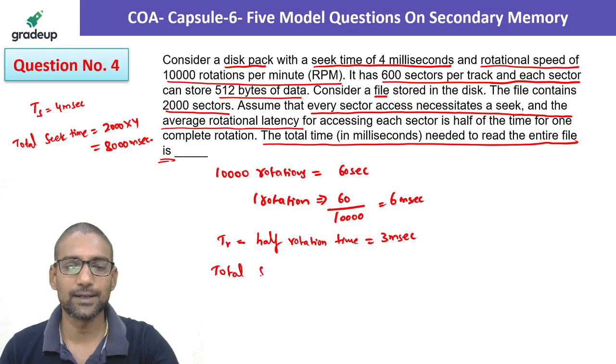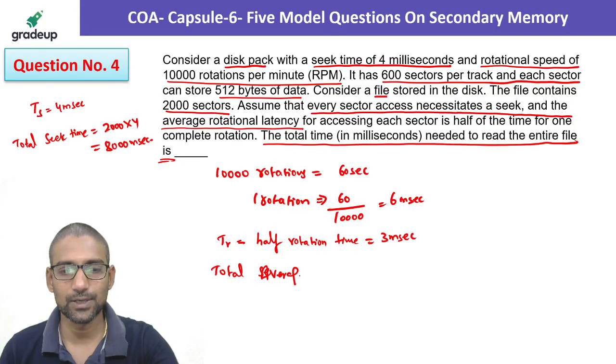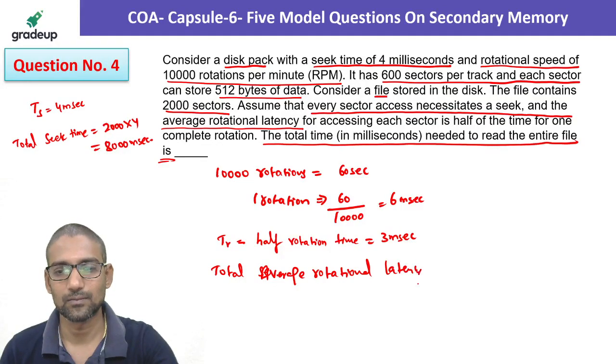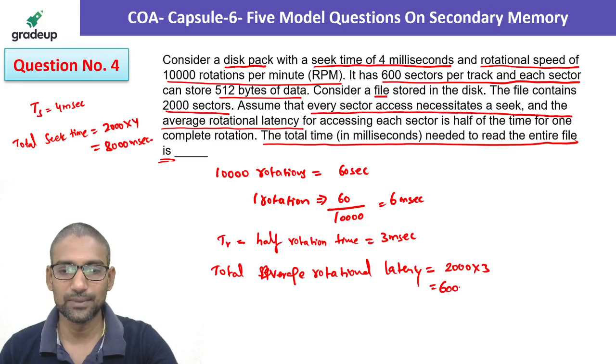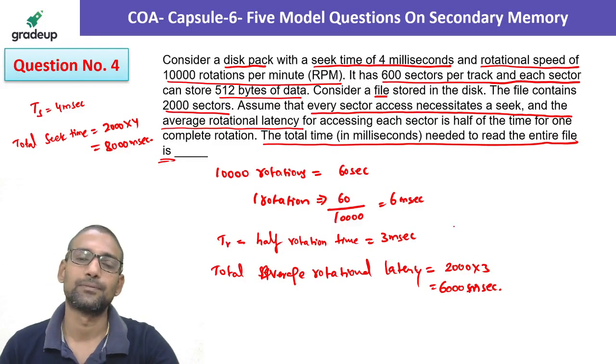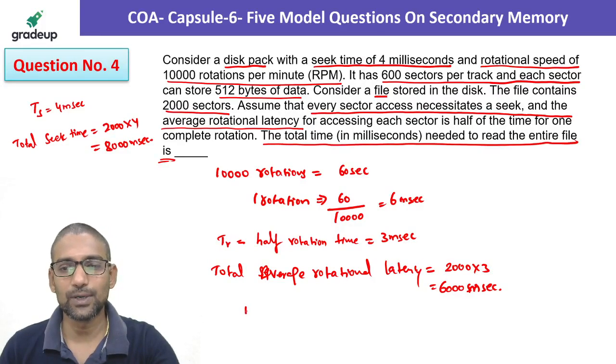Every sector requires this. So total average rotational latency would be 2000 into 3, 6000 milliseconds. Now we understood one rotation takes 6 milliseconds.